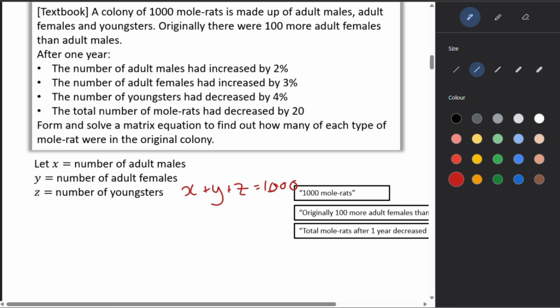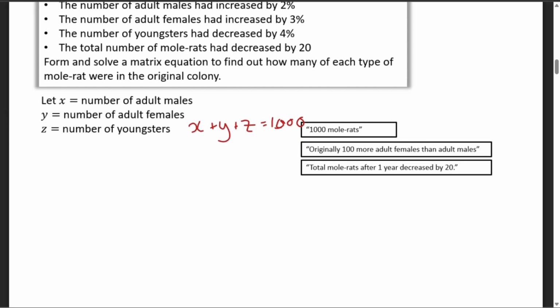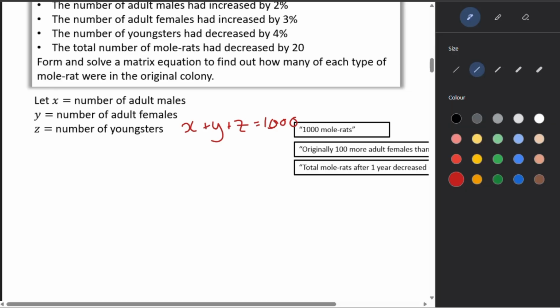Okay, so let's think about what else we were told. We were told originally there are 100 more adult females than males. So the way my brain would process that, and we'll use a different colour, is if I take the number of males and add 100 to that, that would be equal to the number of females.